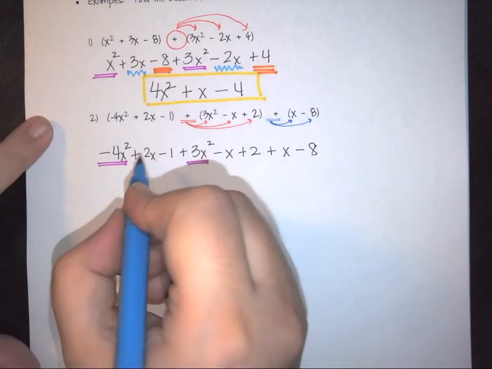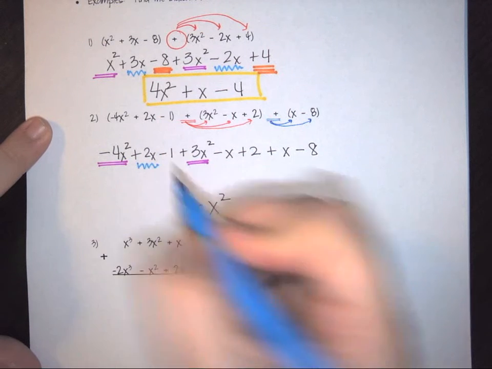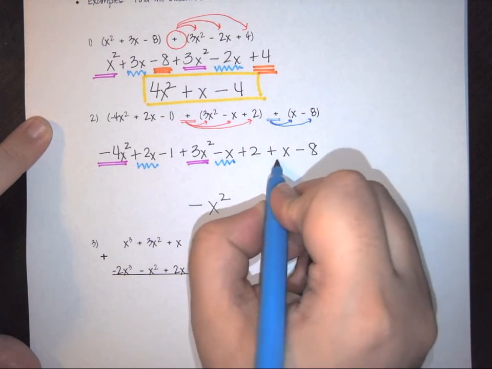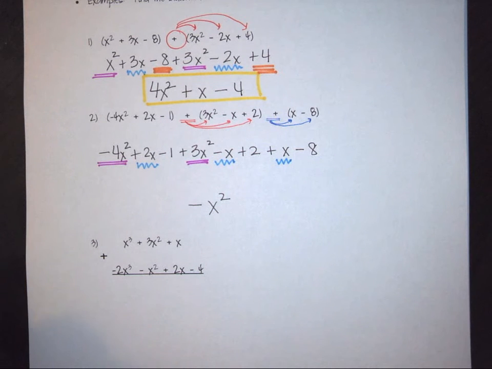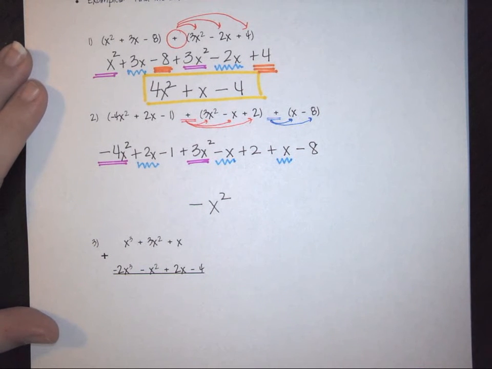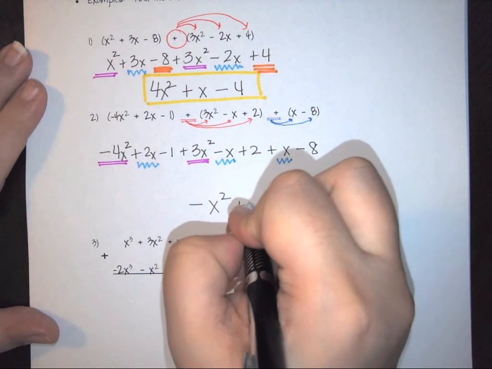I then have to look at the next thing I have, which is an x term. Going down the line, here's another x term, continue down, and here's a third. So in this case, I have 2x minus x plus x. So minus x plus x will cancel, leaves me with just plus 2x.